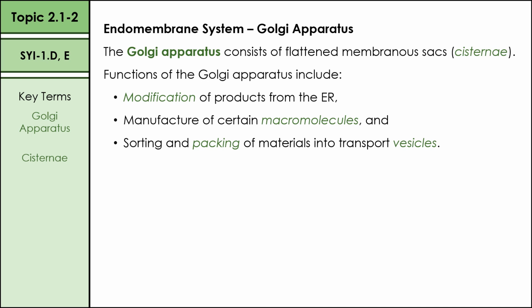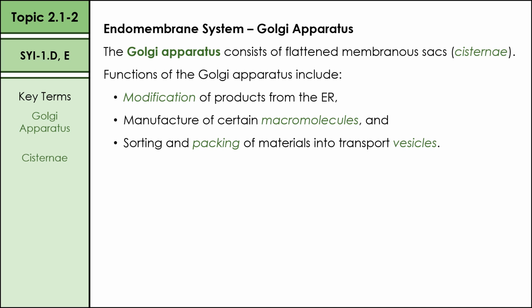So the Golgi apparatus itself consists of flattened membranous sacs, which we call cisternae. Cisternae, having those cis and trans faces, we also have a medial region in the middle. And the primary function of our Golgi apparatus is to modify the protein products coming from our endoplasmic reticulum.